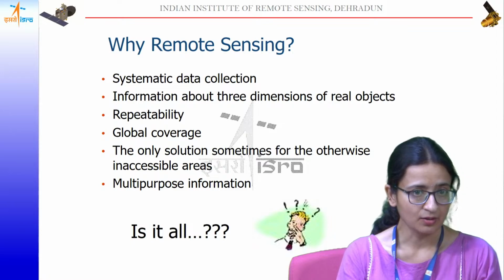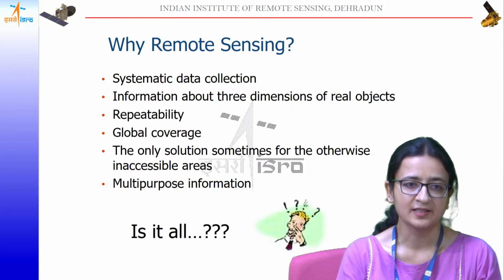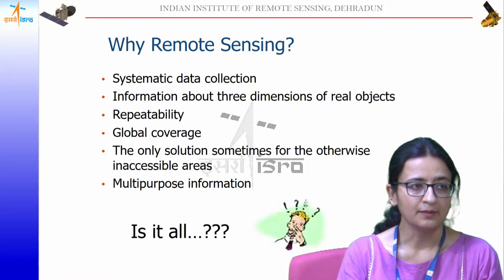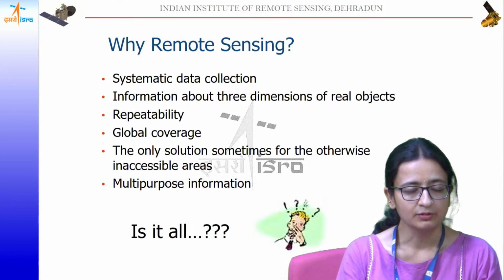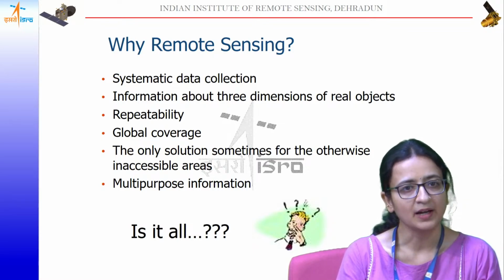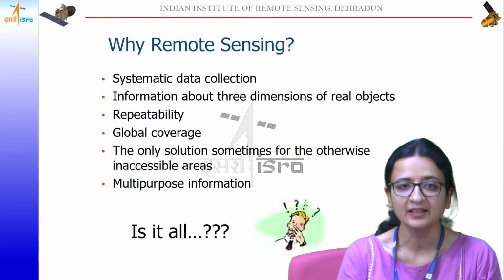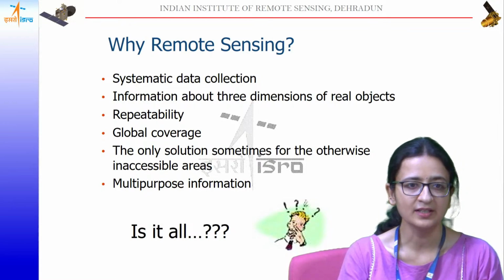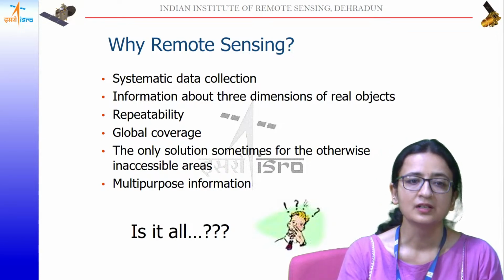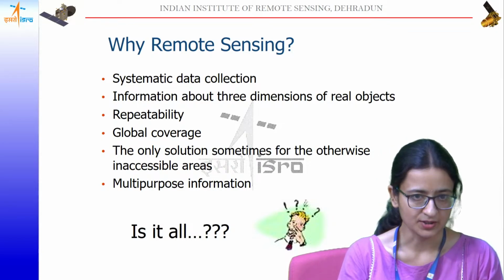The field measurements are also called ground truth because that's the best possible measurement of any phenomena that you can have. So, the measurements or the analysis by remote sensing has to be validated with respect to the field measurements. So, both for calibration as well as for validation, we are still dependent on field measurements.